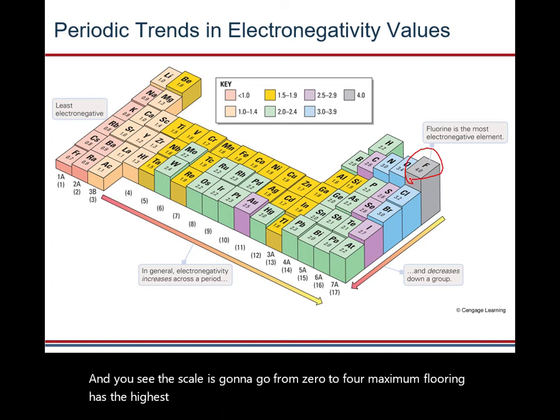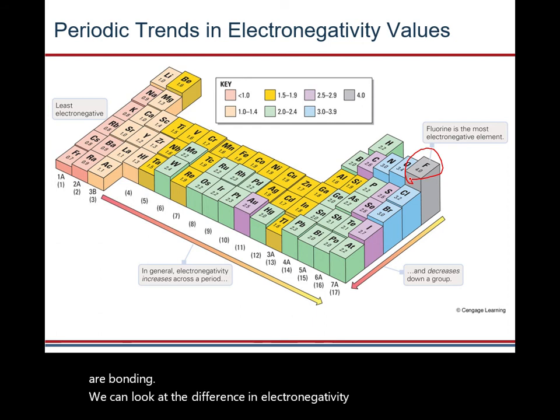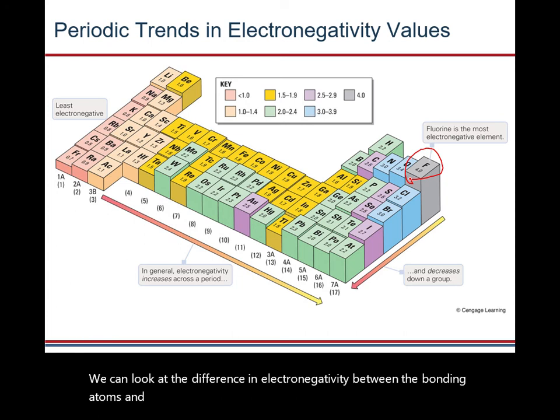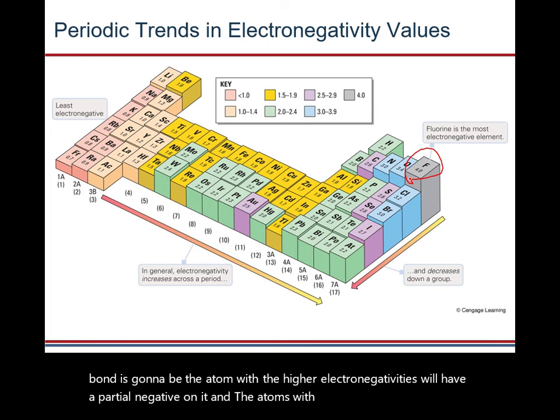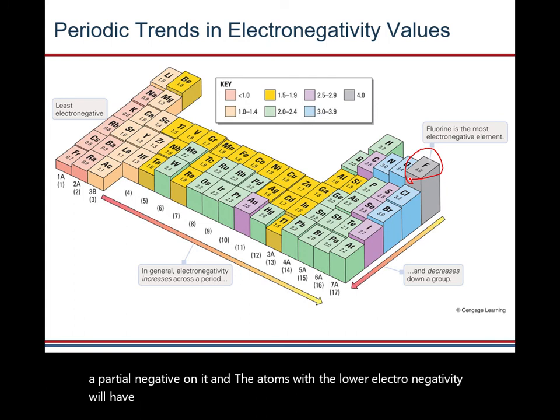So anytime you have two atoms that are bonding, we can look at the difference in electronegativity between the bonding atoms, and the greater the difference, the greater the polarity of the bond is going to be. The atom with the higher electronegativity will have a partial negative on it, and the atom with the lower electronegativity will have a partial positive on it.